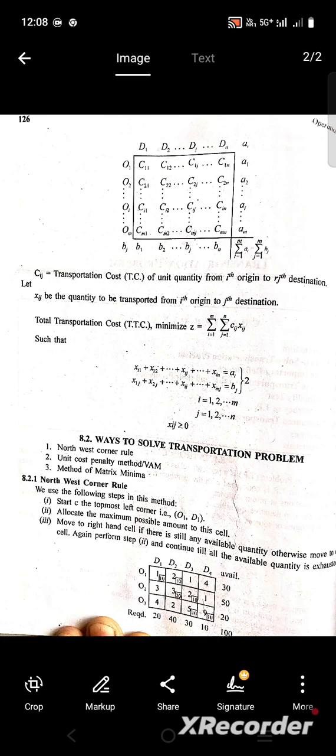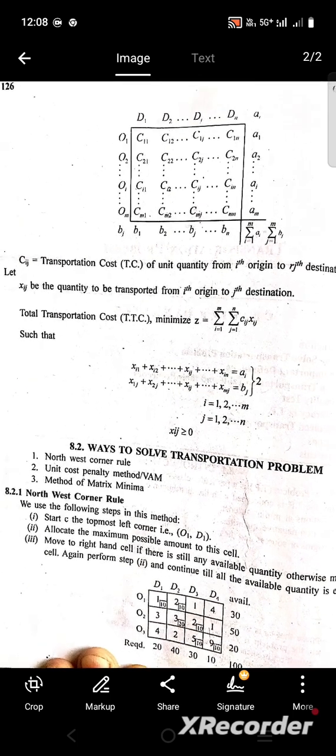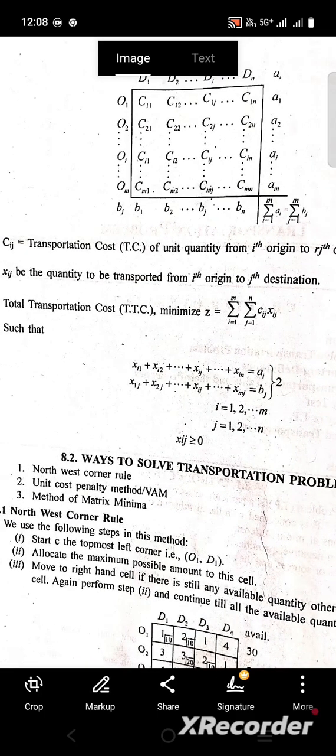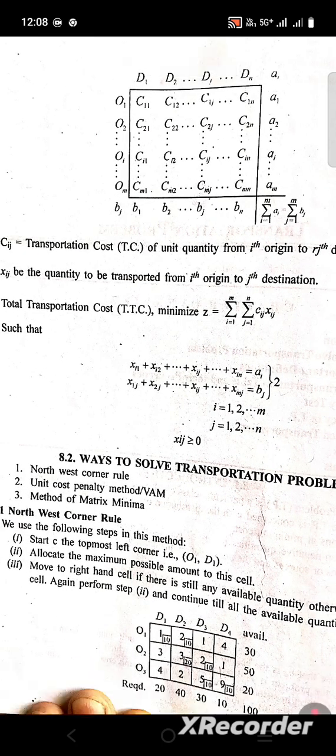This is the tabular form of the transportation problem, the cost matrix. D1, D2, Dj up to Dn are the destinations, and O1, O2, Oi up to Om are the origins.